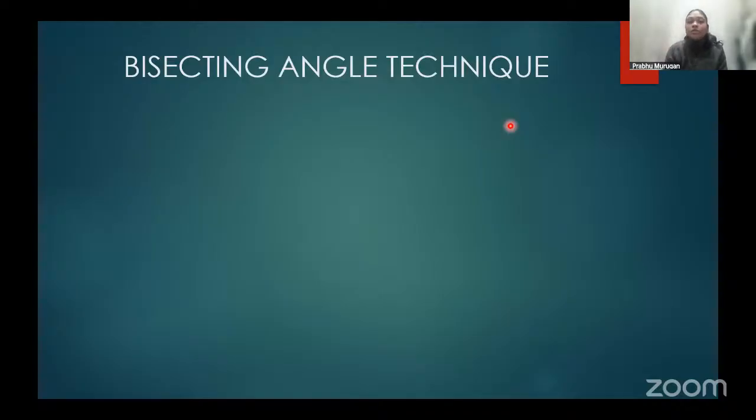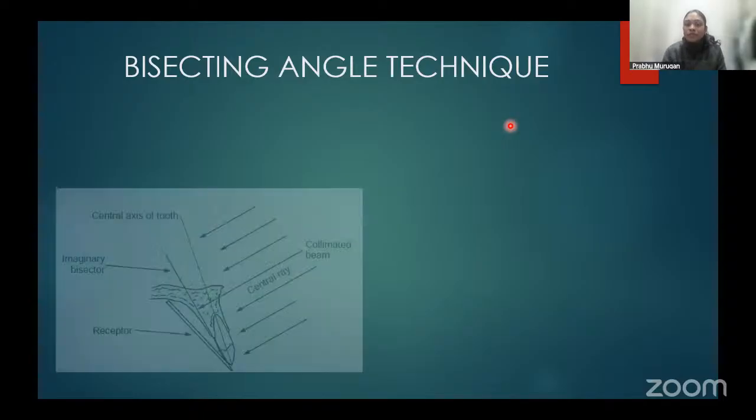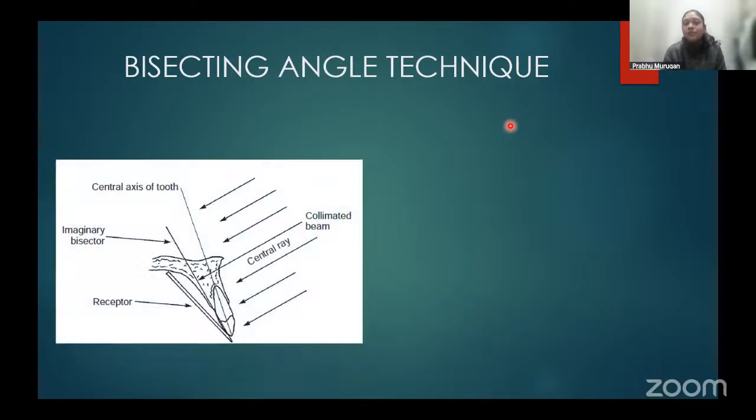When it comes to your bisecting angle technique, we need to remember a few terms. Okay, first thing is Cieszynski's rule of isometry. Cieszynski's rule of isometry is very, very simple. It is actually nothing but an equilateral triangle. Okay, so the X-ray film should be placed in such a way that the X-ray film and the long axis of the tooth form a triangle with an imaginary bisector dividing it into two equal triangles.